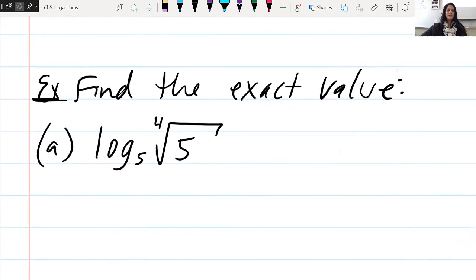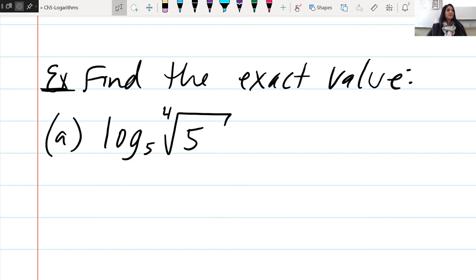Okay, find the exact value. A lot of stuff happening there, but just think your way through. You can look back at your log rules if you like.